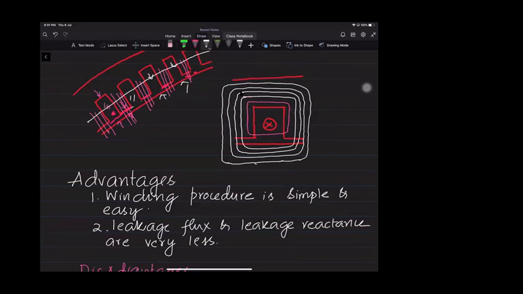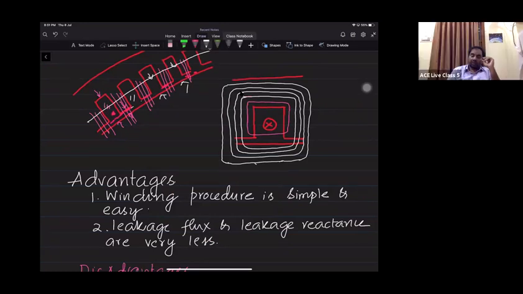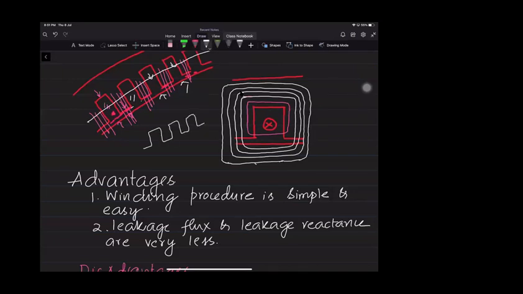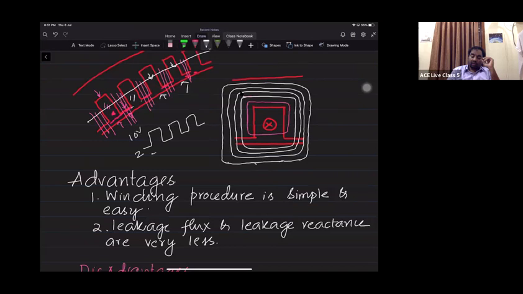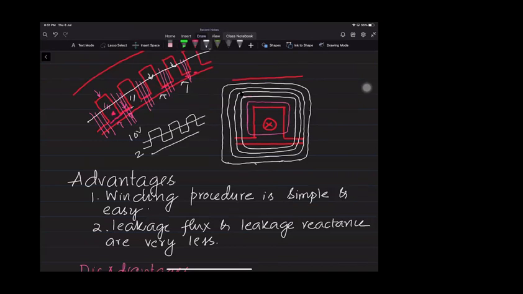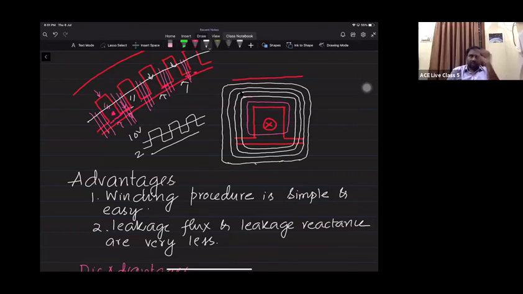I think in your circuits you might have calculated average values, correct? If it is 2 volts and if it is 10 volts, what is the average value? It is in between 2 and 10, correct? So it is minimum length, maximum length, and the average length will be somewhere in between. So it looks like the average length is increased, correct?